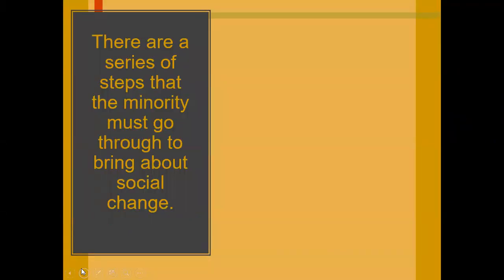Now, there are a series of steps that the majority must go through to bring about social change. We know the factors that the minority need to be, with regards to social change. We know in order for change, they need to be consistent in their arguments, they need to be committed, and also show flexibility. So we're going to use some of these key concepts to explain how social change actually comes about.